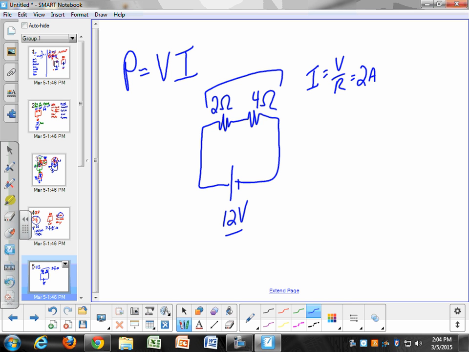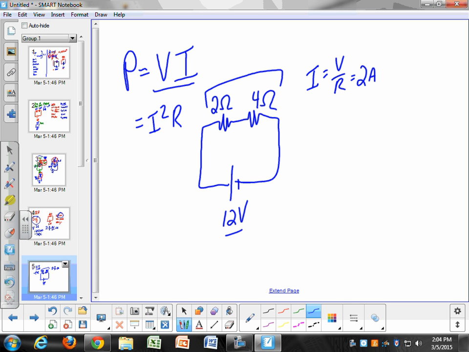And then I could find the power across each of these. Now power is equal to voltage times current, so I would have to find my voltage across each of those, which I could do. Or I could also say that P is equal to I squared times R. That's just an alternate expression for the power.